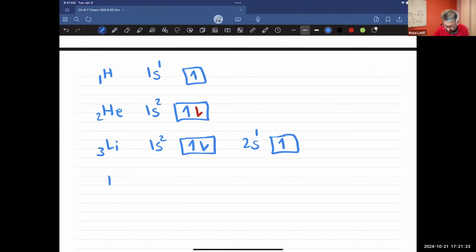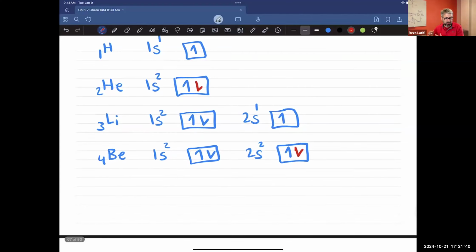And if you go, for example, to beryllium, it has four electrons, you go 1s2 and then 2s2, up and then down. As you see, the first orbital in each layer is going to be the s orbital. Now, what will happen if I switch to boron? Boron has five electrons.